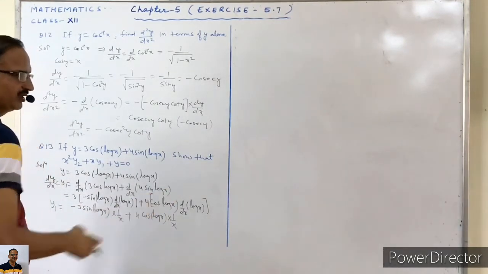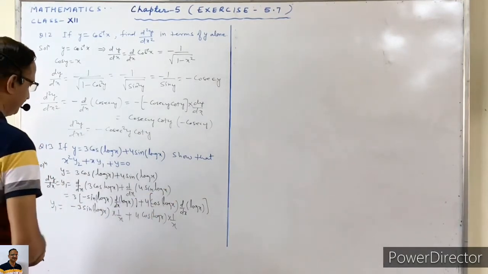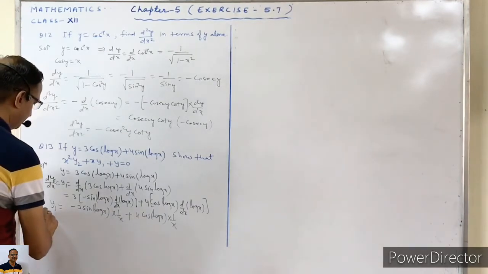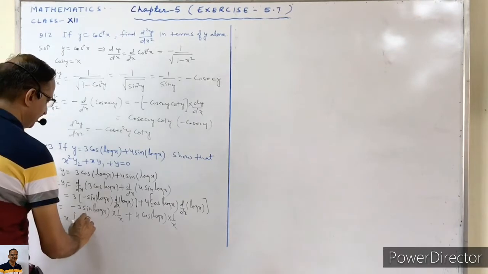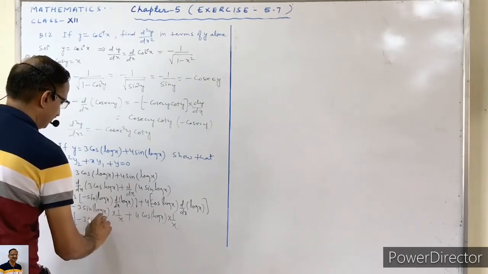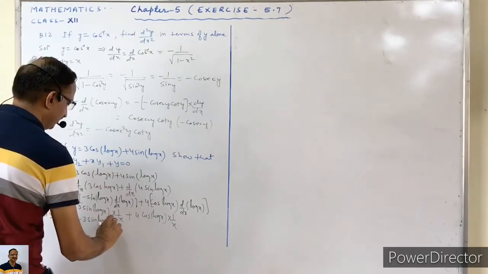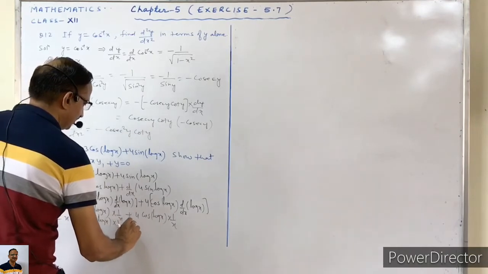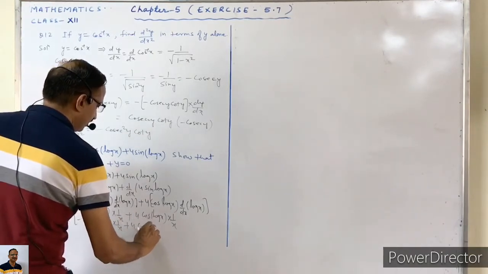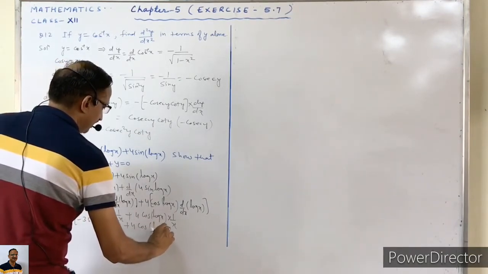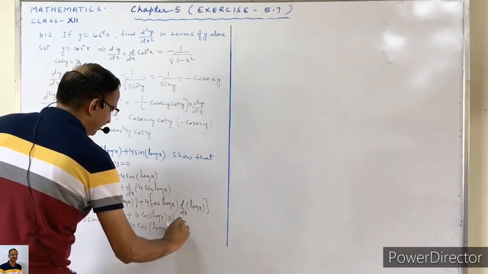Now on the right hand side we have x in the denominator. So multiply the whole equation by x. So here this is x y1, this is minus 3 sin log x 1 by x, this is 4 cos log x 1 by x.